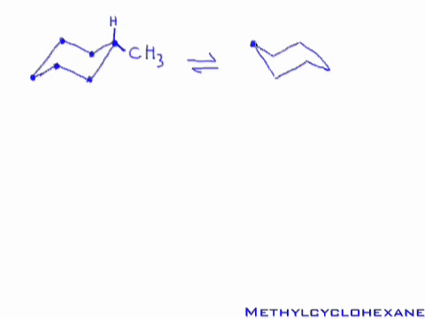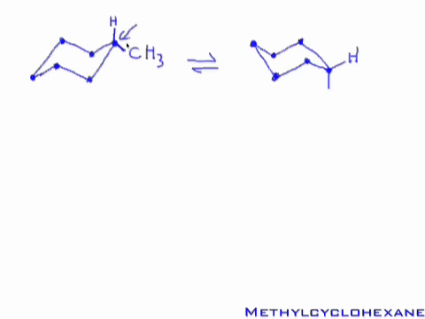All right. What happens to the hydrogen in the methyl when I do a ring flip? Well, remember what I said earlier. Axial positions, when you ring flip, become equatorial. So the H is now equatorial. And equatorial positions become axial. Now you say, well, why didn't I point it up? Remember what I said about vertices.